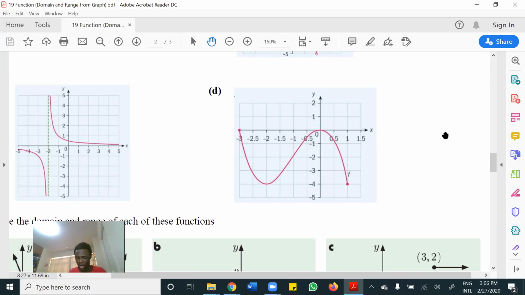So the domain is the set of R such that -3 less than or equal to x less than or equal to 1. That's correct. Range? The range is the set of values of y such that -4 is smaller or equal to y and smaller or equal to 0. That's correct.